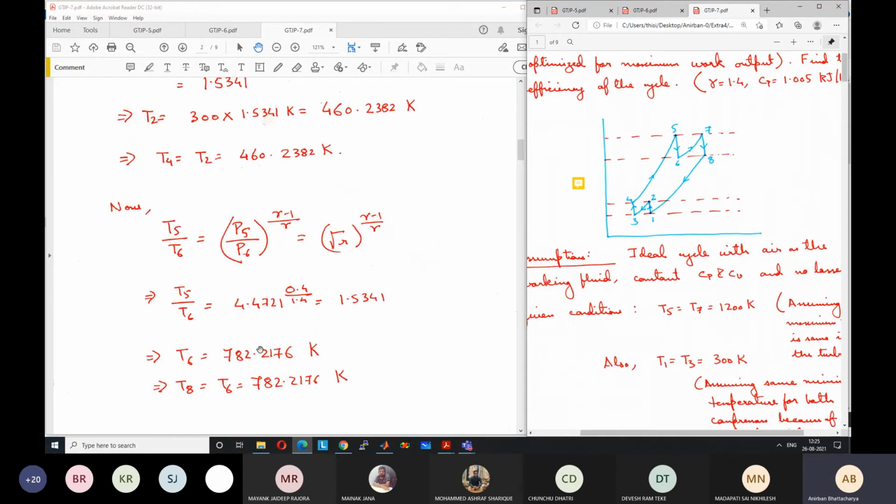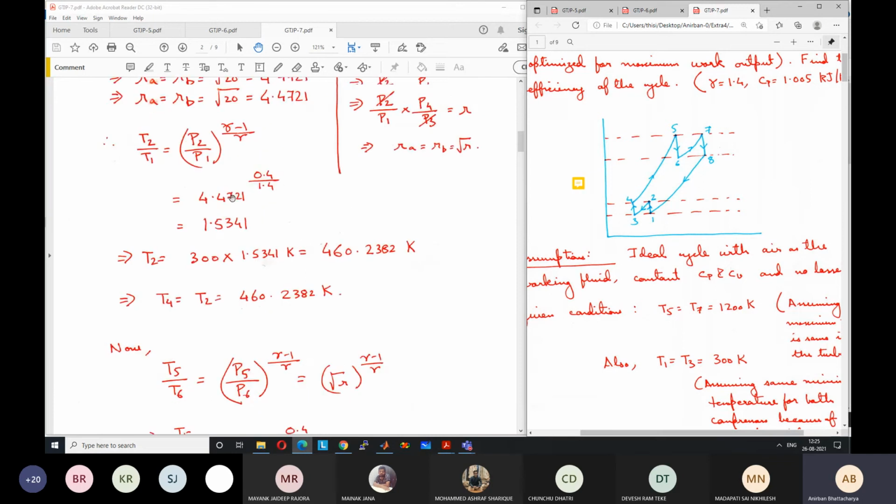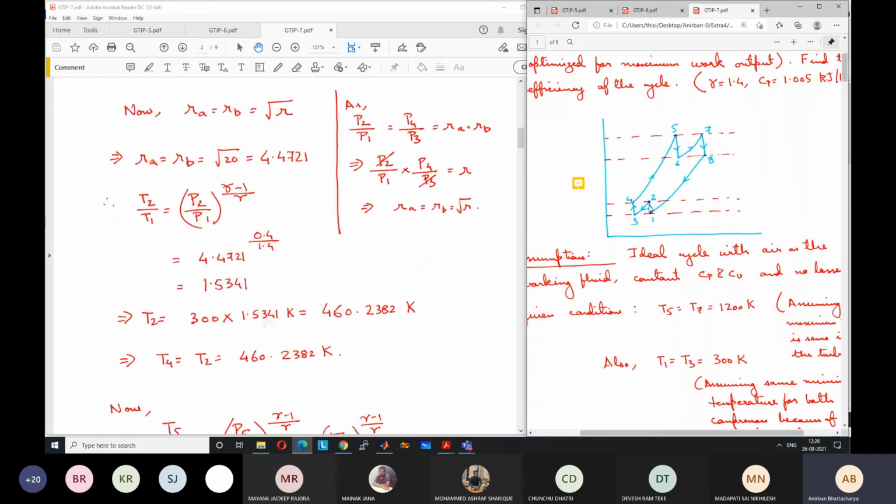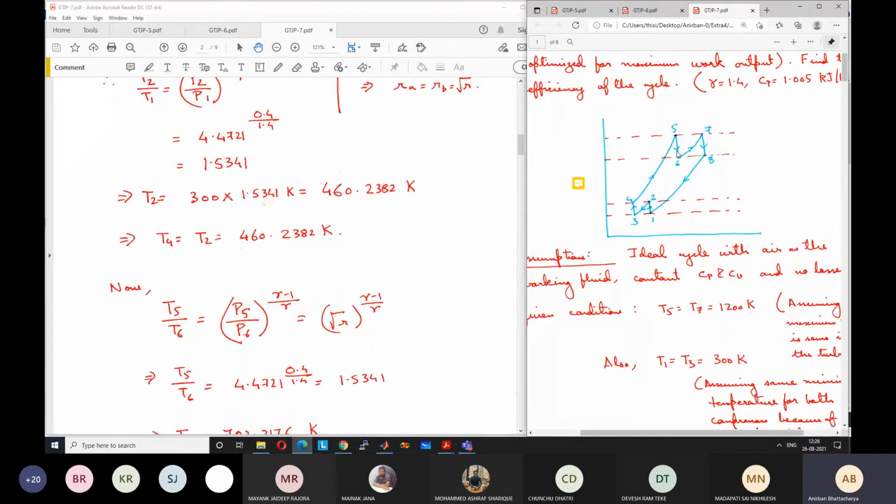This is what I was mentioning when I said that, for the same pressure change, the change of temperature between constant pressure lines is higher on the right hand side. We have the constant pressure lines here. The pressure ratio between T5 and T6 is the same as the pressure ratio between T2 and T1.